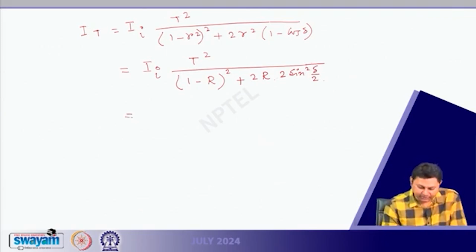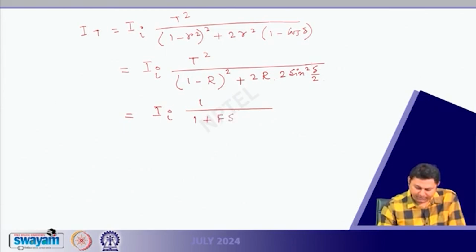By writing that, I can have an expression like 1 by 1 plus, I defined a parameter called F, F sin square delta by 2, then multiplied by T square divided by 1 minus R square of that.